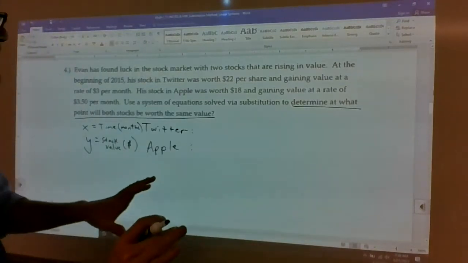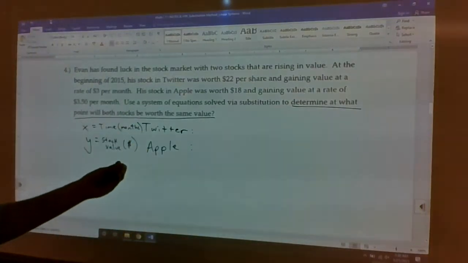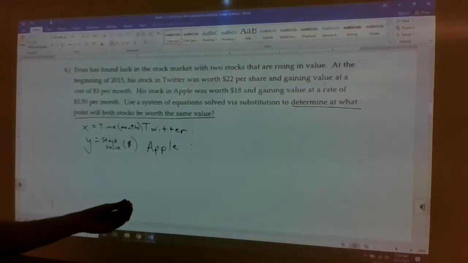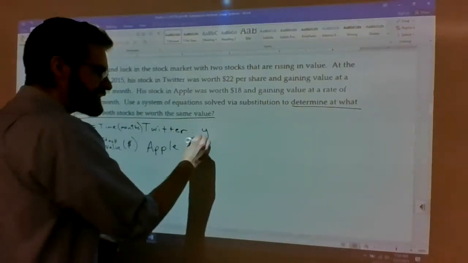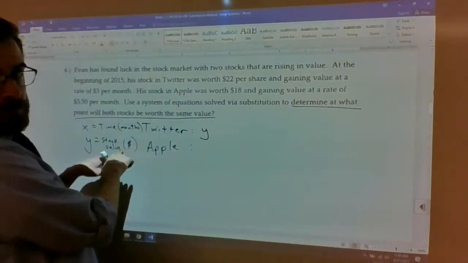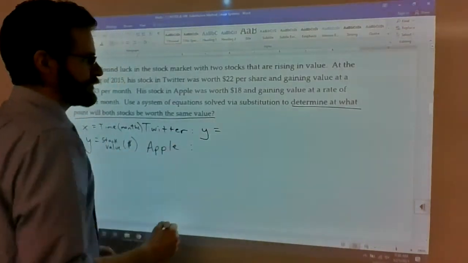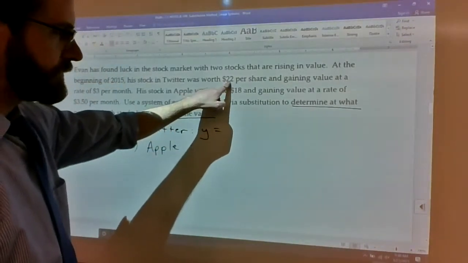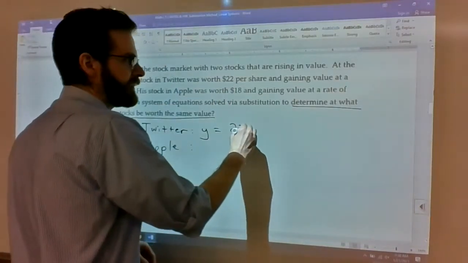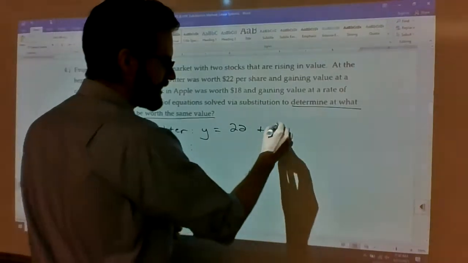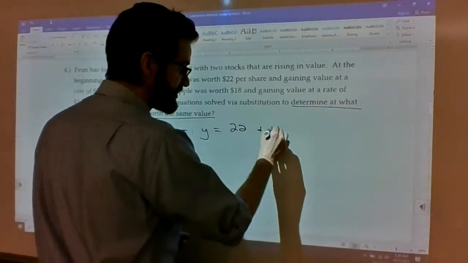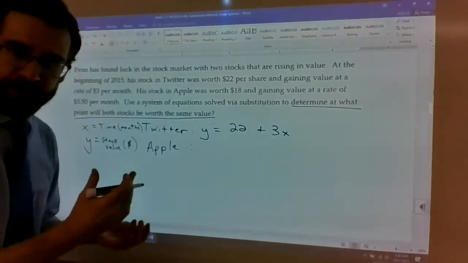Now, I don't know if you guys saw this, but it's got a very simple structure to it. The Twitter stock's value is equal to $22 per share, and it gains $3 per month. Remember, it's rate of change times x. It's just 3x. That's all this first one is.